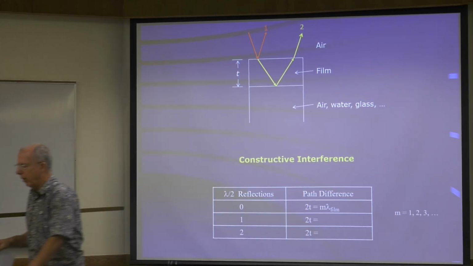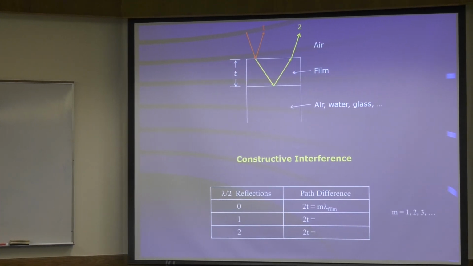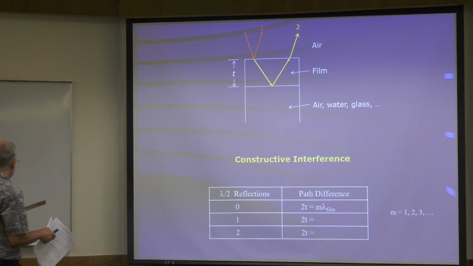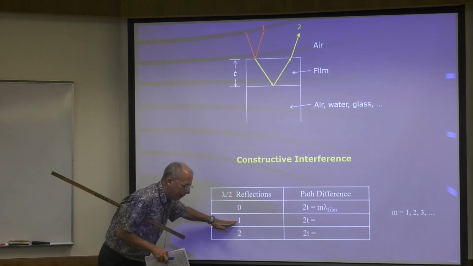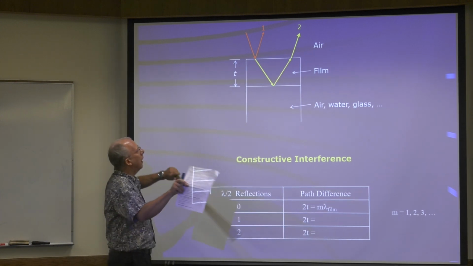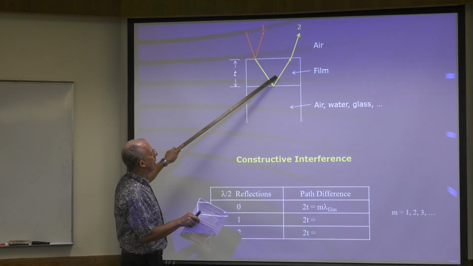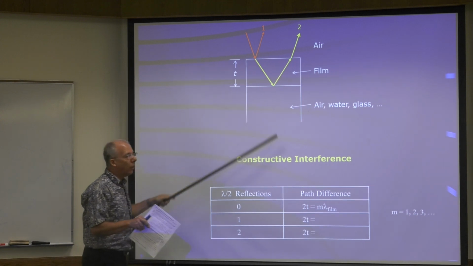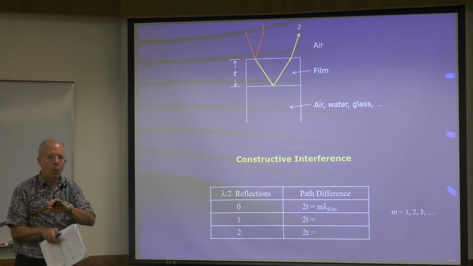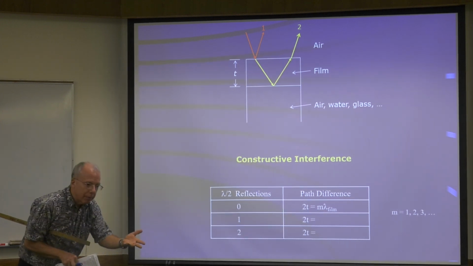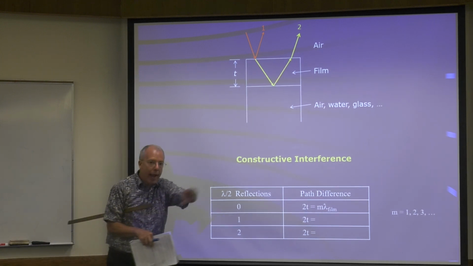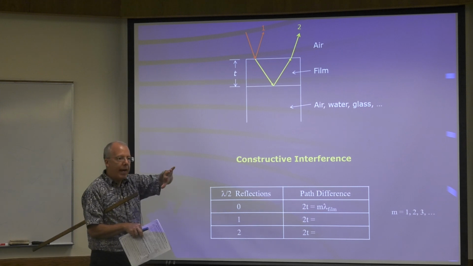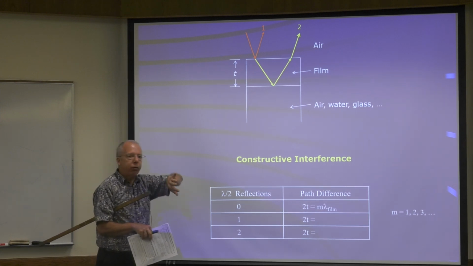Now let's do the second row. First, let's think about it. Let's say there's one flip. I don't care if it's at this reflection or this reflection, but at one of them, there's a half-wavelength flip. Let's say there was no path difference, but there's a lambda over 2 flip.